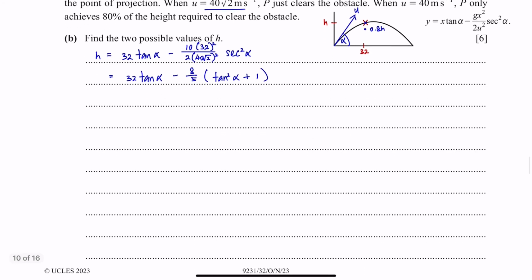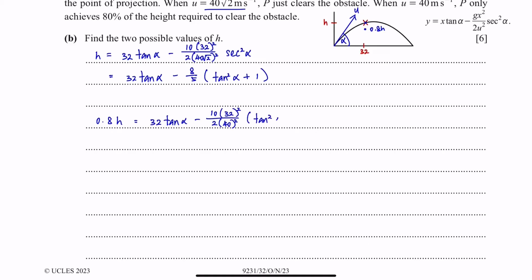Okay? And for the second situation, when u is 40, the height reached would be 0.8h, the x is still 32, and g would be 10 times x, and u will now be 40.